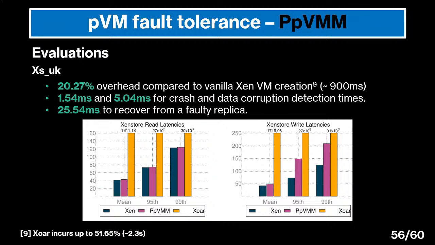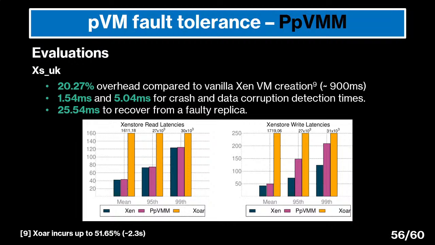For the XenStore-UK, we impose an overhead of 20% on the virtual machine creation operation, which is the task that heavily imposes a load on the XenStore, a degradation of up to 900 milliseconds.